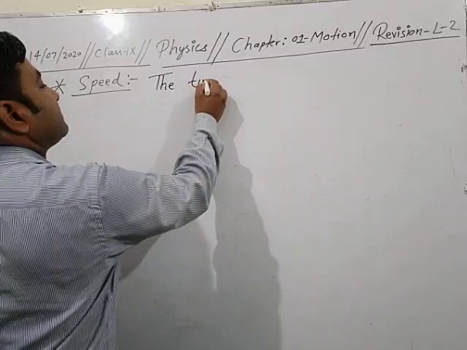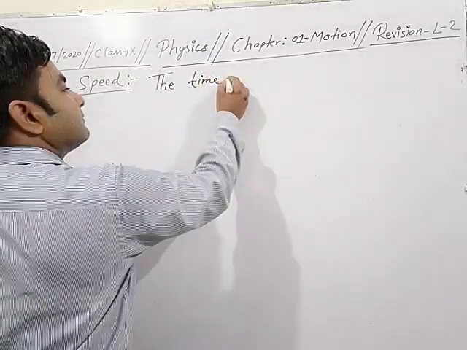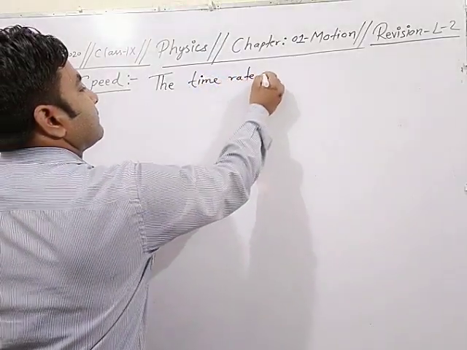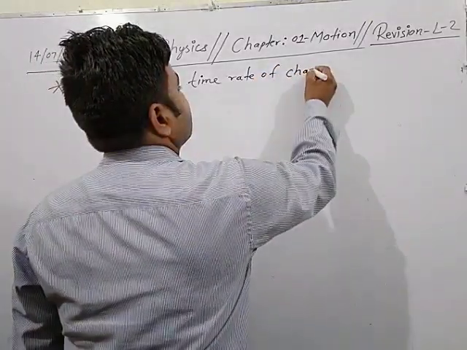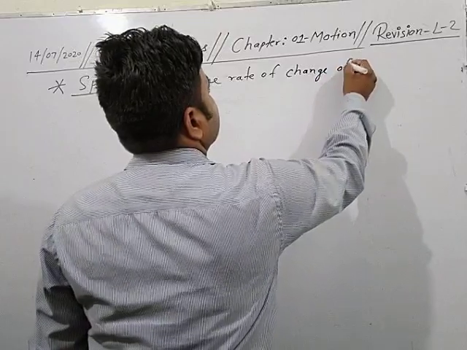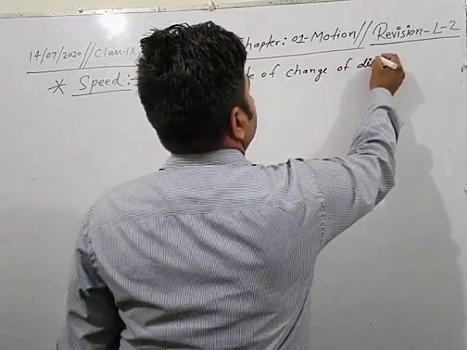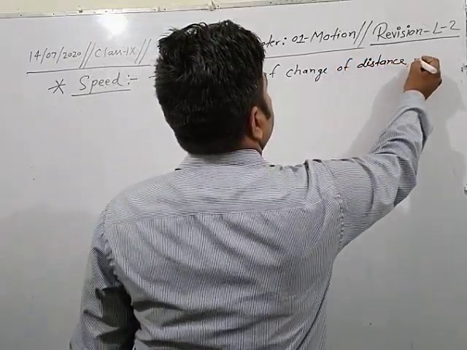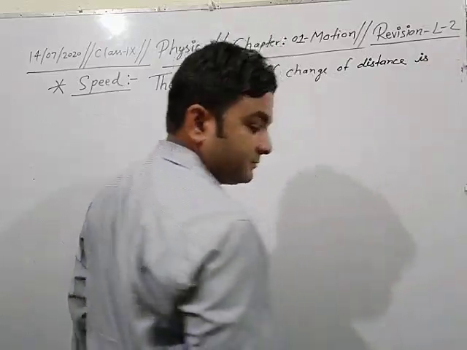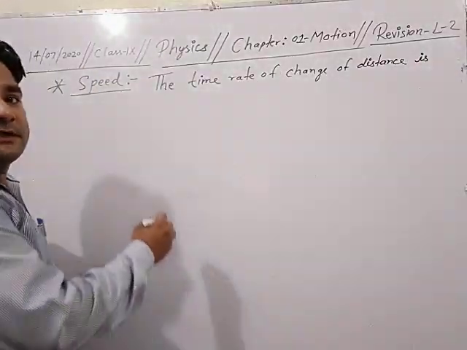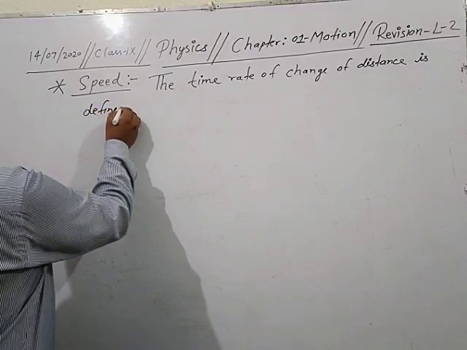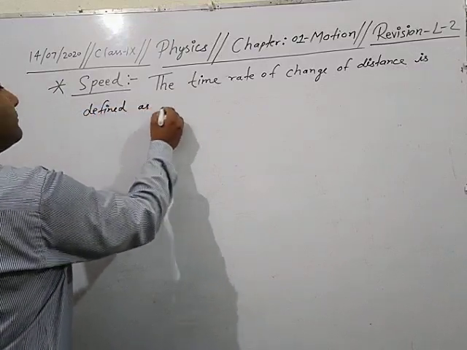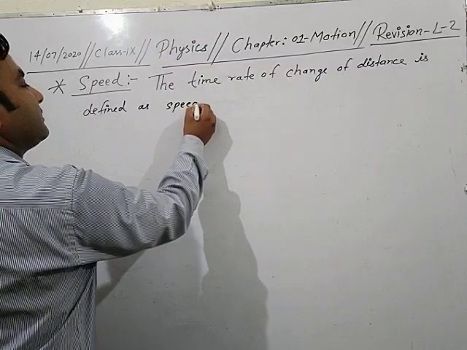The time rate of change of distance is defined as speed.